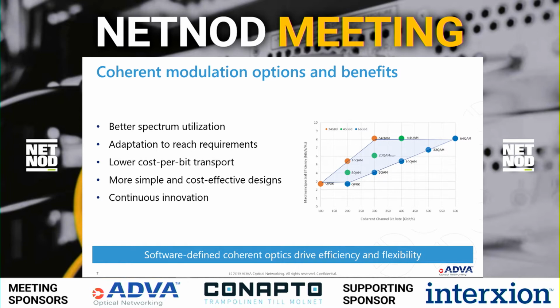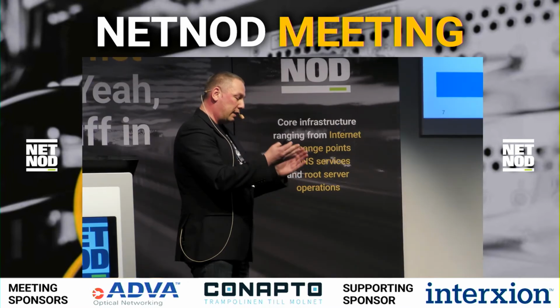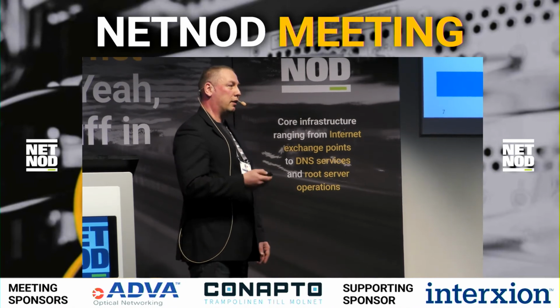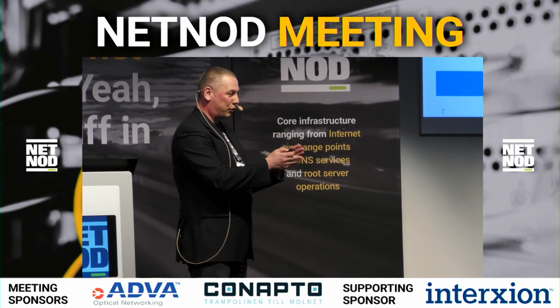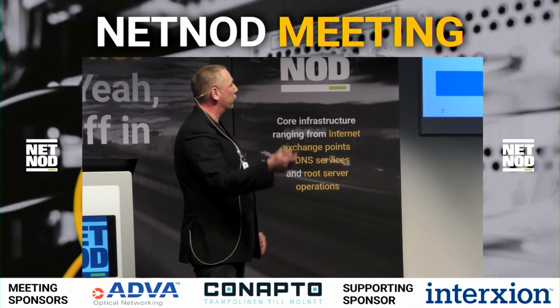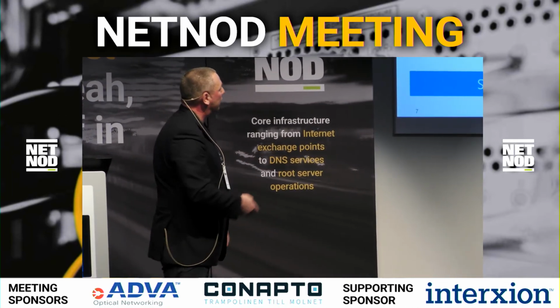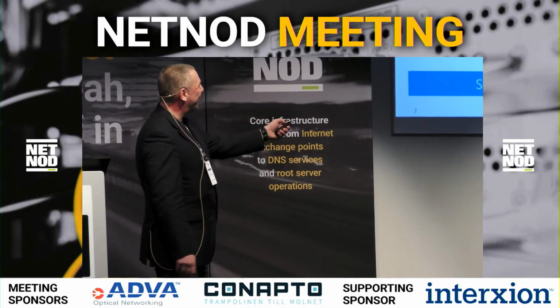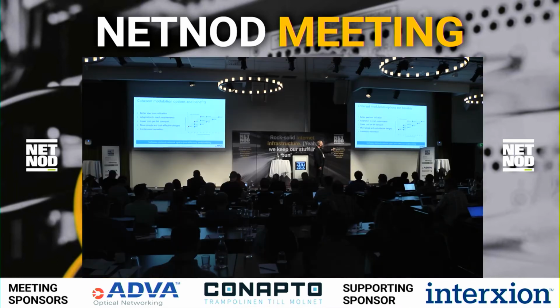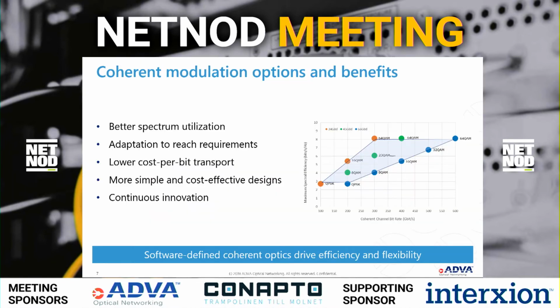Do we need to save spectrum to squeeze in as many channels as possible in the spectrum with long reach? We need to use a higher modulation scheme, but then the reach, of course, will go down. If you use more spectrum per service, then we will have a longer reach of our system.